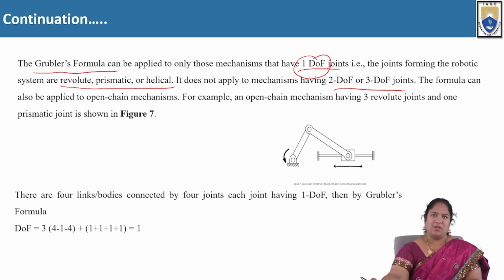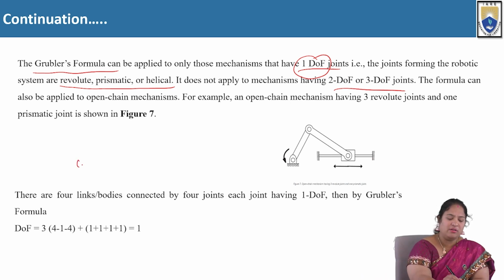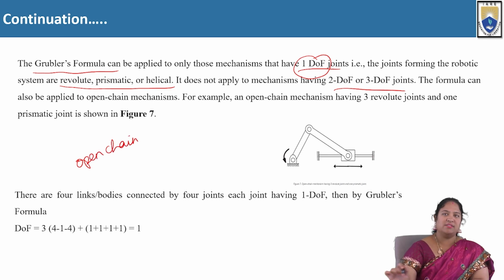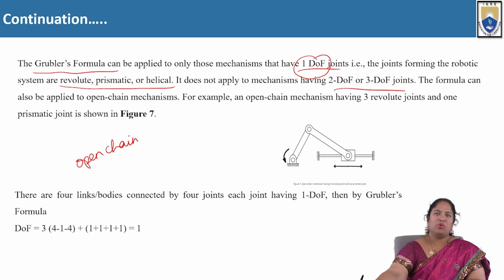This particular formula can also be applied for an open chain mechanism. This is an example of an open chain mechanism. Why are we telling this as an open chain mechanism?